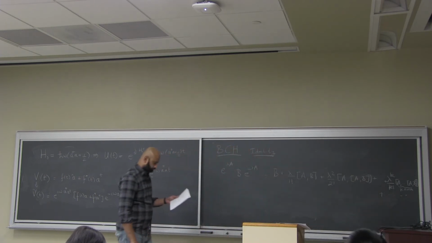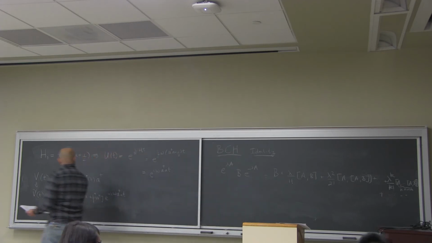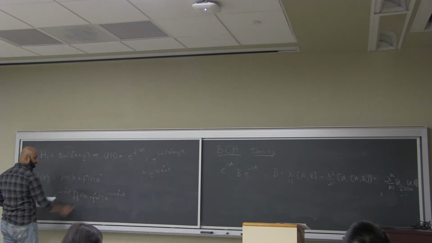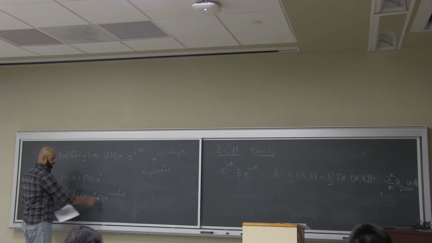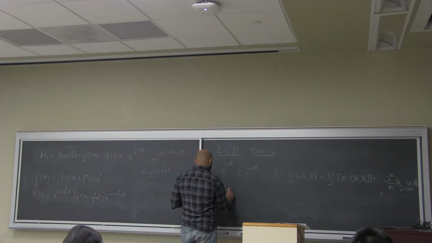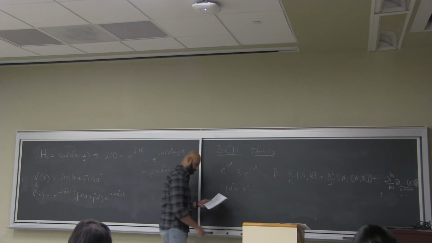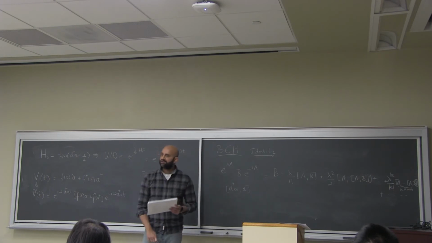And so, in our case, we have to evaluate commutators between a dagger a and a dagger a, and a dagger. Those are the two terms in the Hamiltonian, or in the interaction piece. So we need to evaluate commutators of this form, a dagger a comma a. Anybody know what that is?